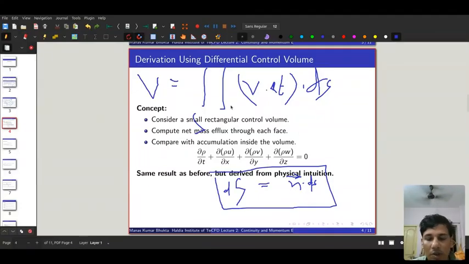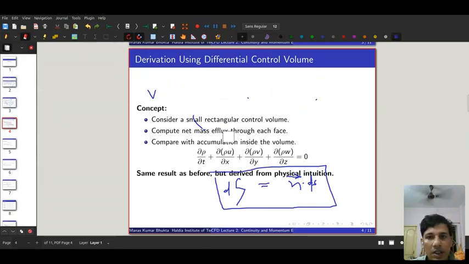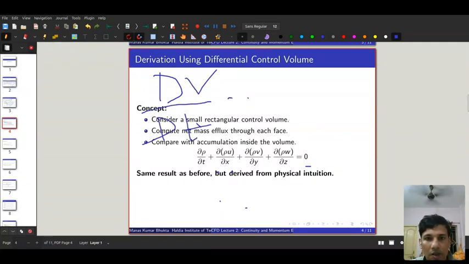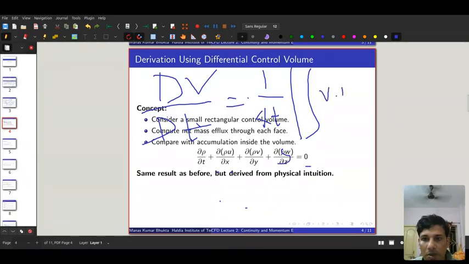So that would be denoted as capital DV by Dt over that time del t, the surface integral of V into dt into dS.